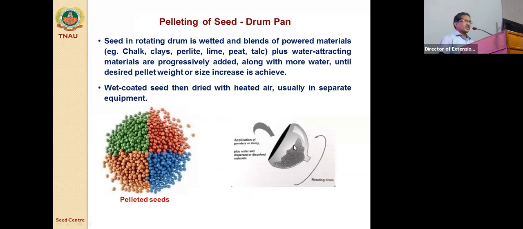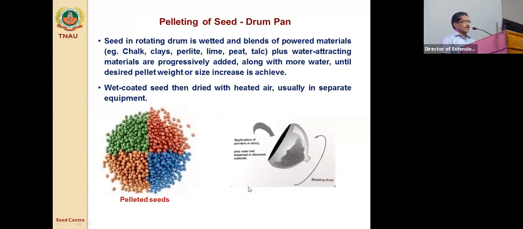We have a small, hand operated rotating drum. In that we put the seeds, first sprinkled with adhesives, then slowly sprinkle the pelleting fillers or pelleting materials.